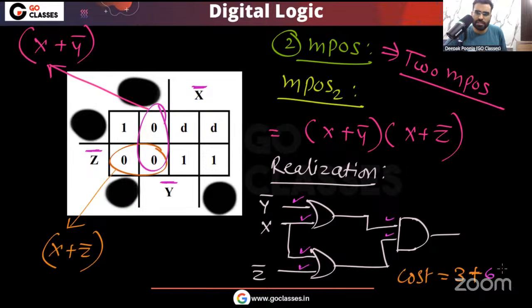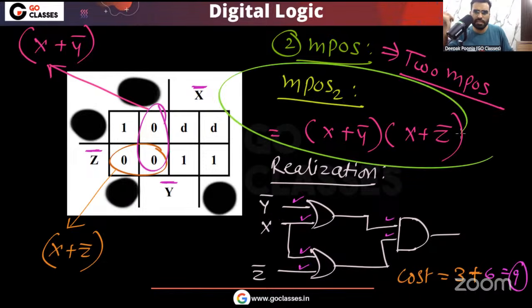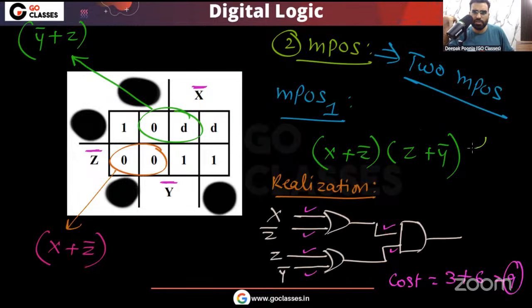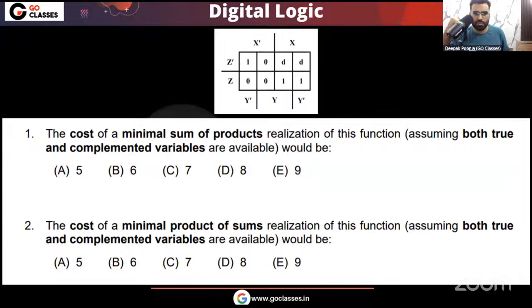Total 6 gate inputs are there. So again, the answer is 9. Whether you consider this minimal POS expression or this minimal POS expression, the cost of minimal POS realization will be the same, 9. So for this question, the answer will be option E. I hope you understood this. Is it clear to everyone?